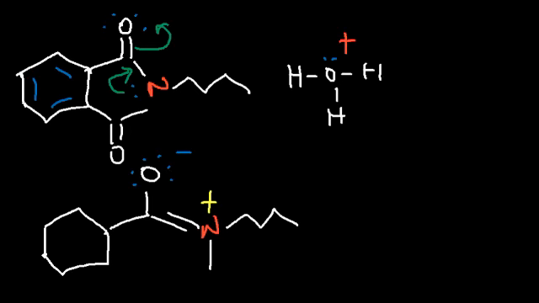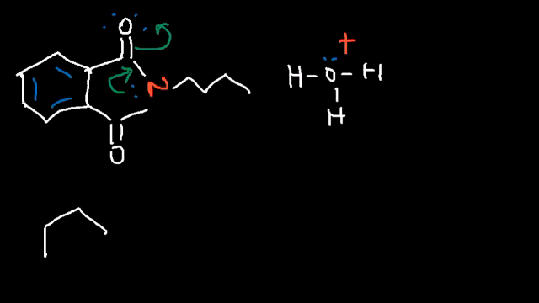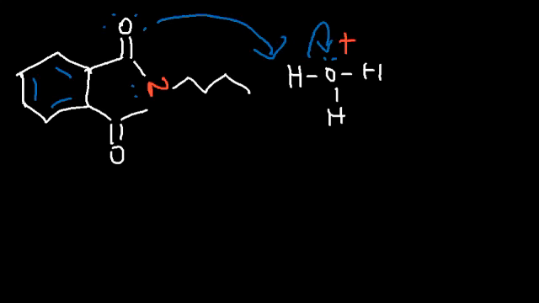Therefore, the nitrogen doesn't have a strong affinity for the partially positive hydrogen compared to the oxygen. So the oxygen is going to be the part that's protonated in the molecule. So it's going to grab a hydrogen and it's going to expel water. So now we have an activated carbonyl system.